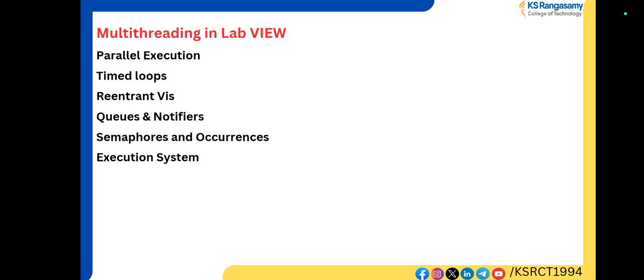Multi-threading is the ability of a CPU, or a single core in a multi-core processor, to provide multiple executions concurrently. The threads are the smallest sequence of program instructions that can be managed independently by a scheduler. Here are the functions of multi-threading in LabVIEW.